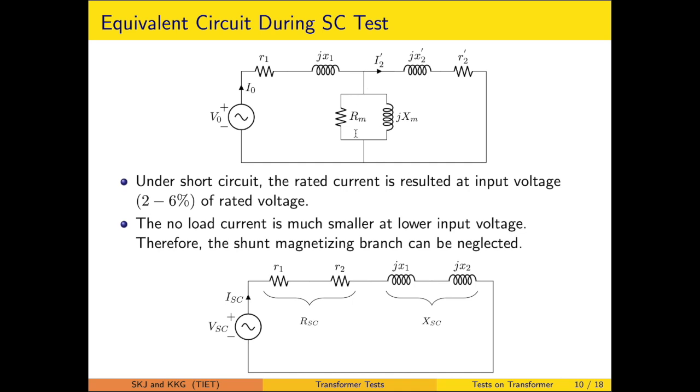The core losses will also be negligibly small. So you can neglect the I0, and when that is neglected, it reduces to this. So R1 and R2 dash pertain to the high voltage side. Similarly, X1 and X2 also pertain to the high voltage side and can be evaluated.